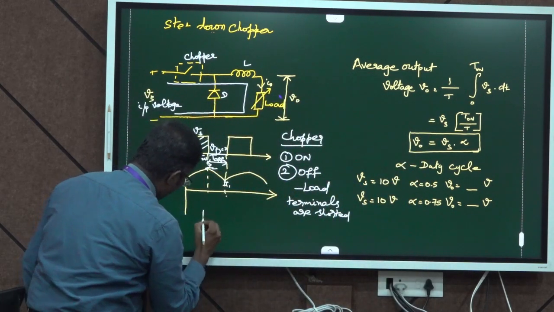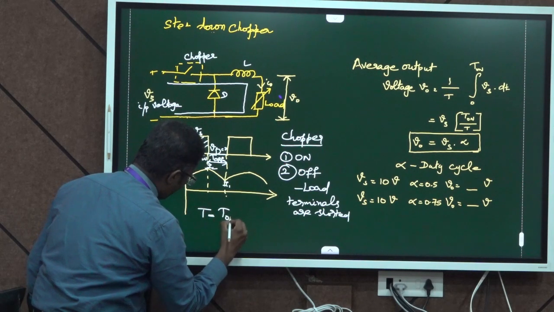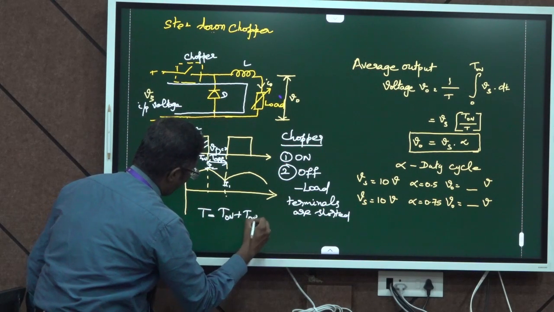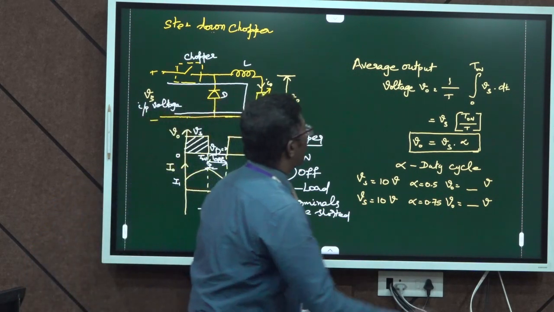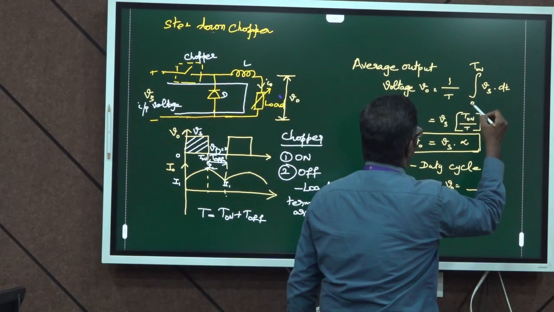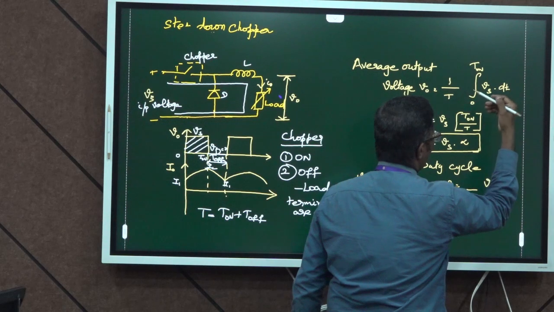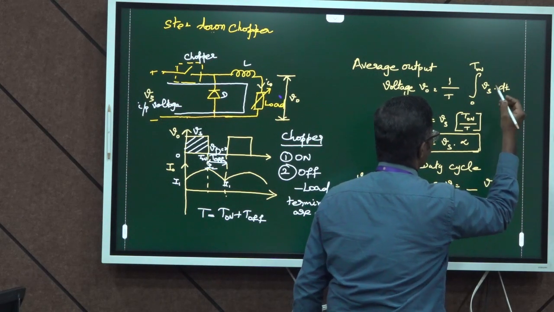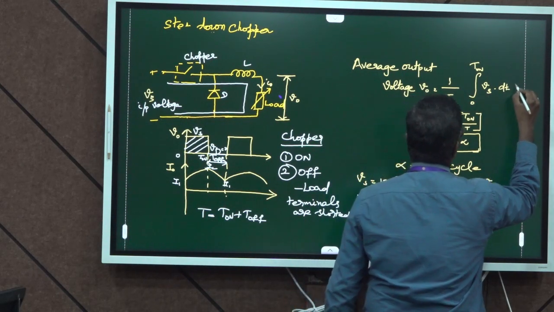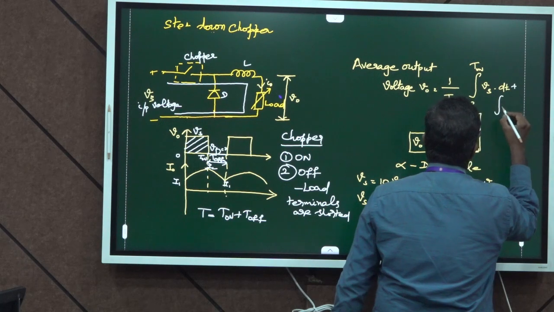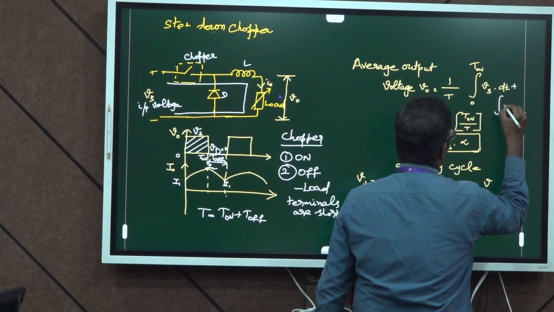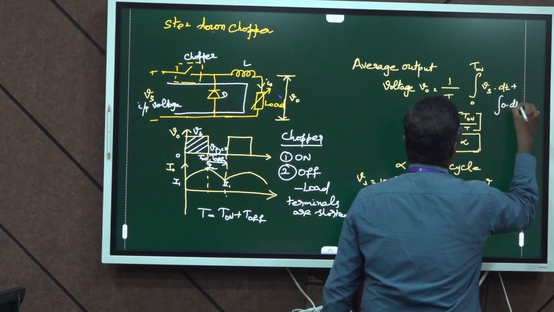So, T is the total time period, that is the sum of on time period plus off time period. So, 1 by T into the integral from 0 to T on, and up to this instant the value of output voltage will be equal to Vs, and during the off time period the output voltage will be equal to 0.